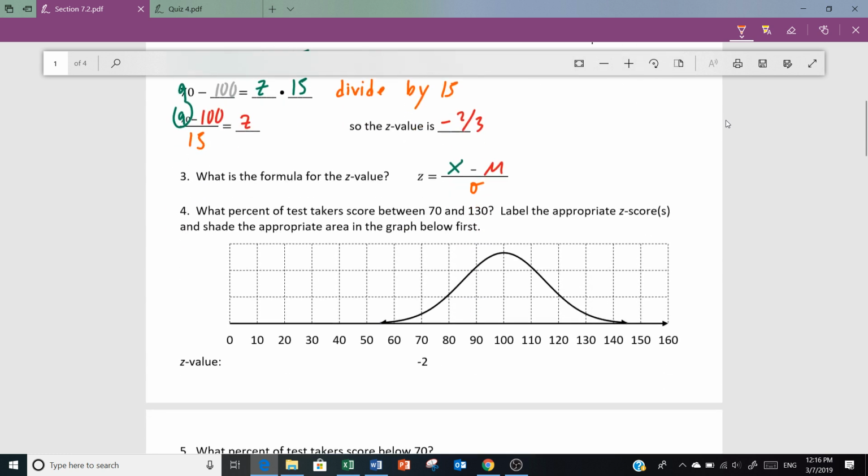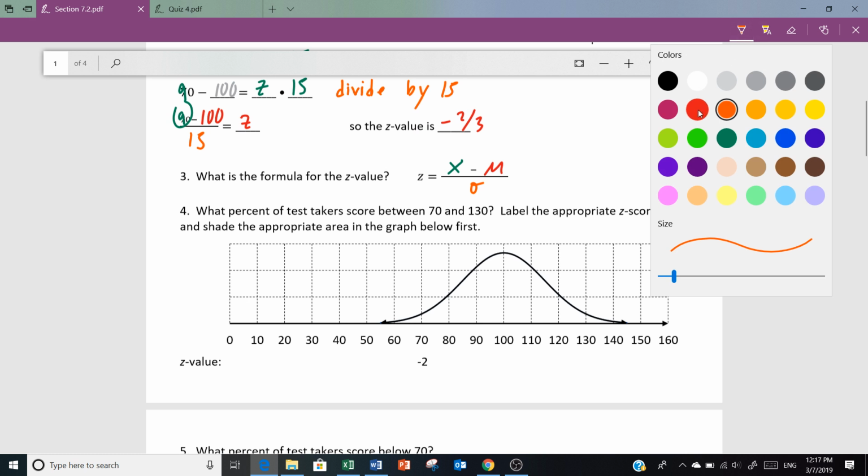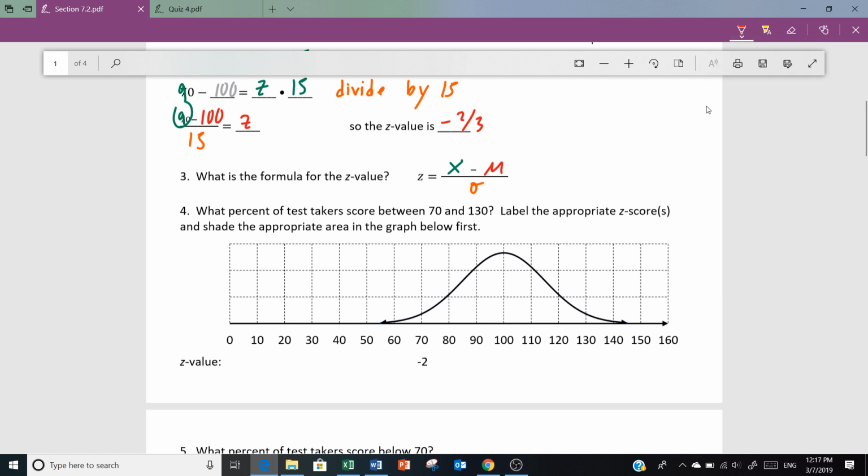Okay, moving on to number 4. We're going to need z-values because we want to find the percent of test takers between 70 and 130. We want to find the percent of test takers between 70 and 130, but if we can identify the z-values, we may already know the answer. So here I gave you the z-value of 70 was -2, but maybe if we can figure out the upper z-value, then we may already know what the answer to this one is.